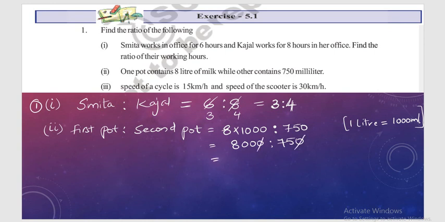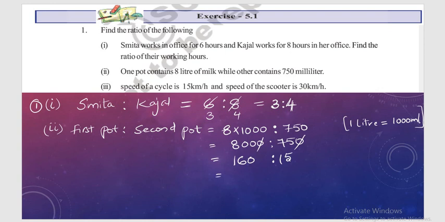Next, in the 5 table, how many times will it go? 5 ones are 5, next 3 is left, 30, so 30 means 6 times. So 160 times. Next, this in the 5 table: 5 ones are 5, 2 left, 25, so 5 5s are 25.